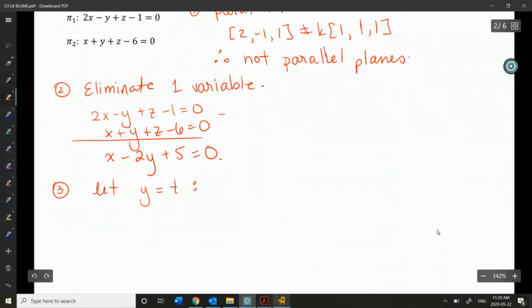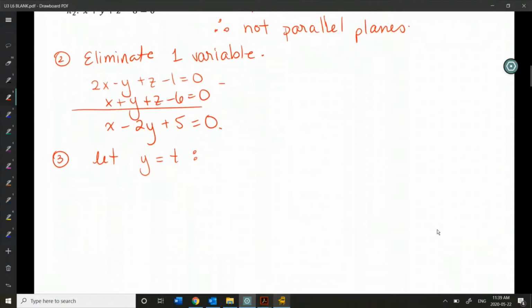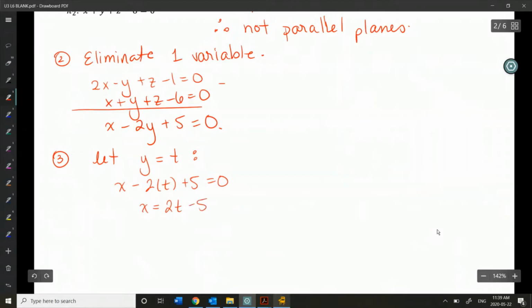And then we're going to solve for x and z in terms of y equaling t. So you'll kind of see how this works in a second. So just isolating for x here. So we have y equals t, x equals 2t minus 5.